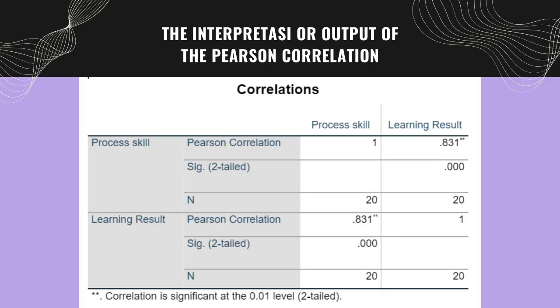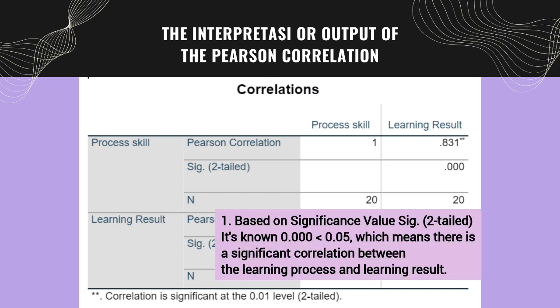As for the interpretation of the Pearson bivariate correlation analysis, on the table, it will be concluded in two interpretations. First, based on the significance value, two-tailed, it's known 0.000, and that is smaller than 0.05, which means there is a significant correlation between the learning process and the learning results.